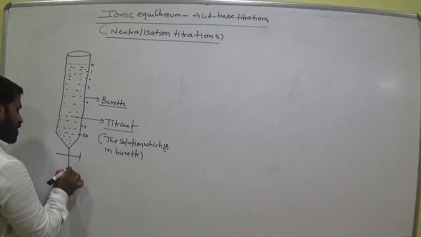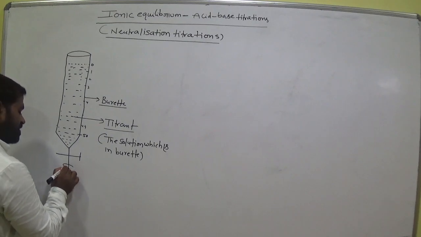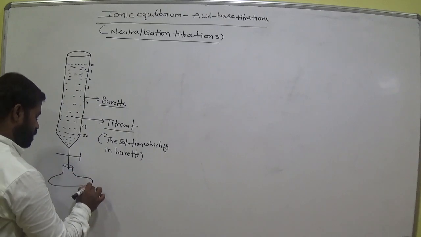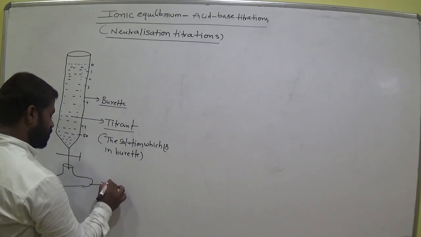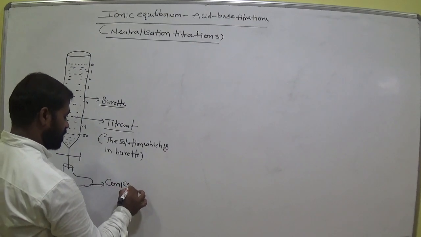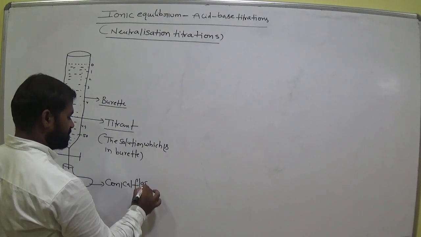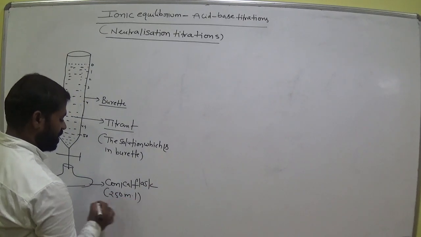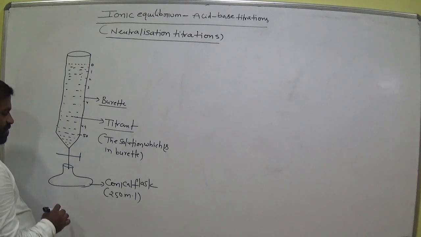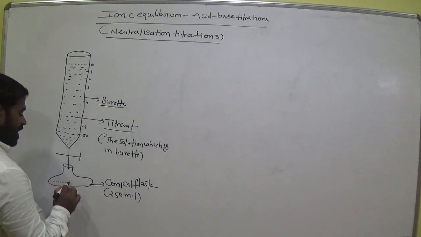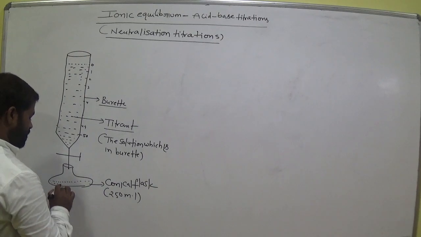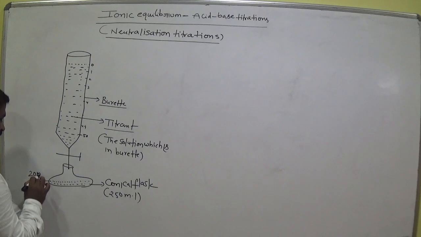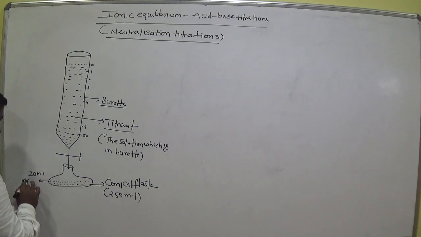Now, we take the conical flask. This is called a conical flask. Its capacity is 250 ml. Now we take 20 ml of solution, mostly we consider 20 ml.